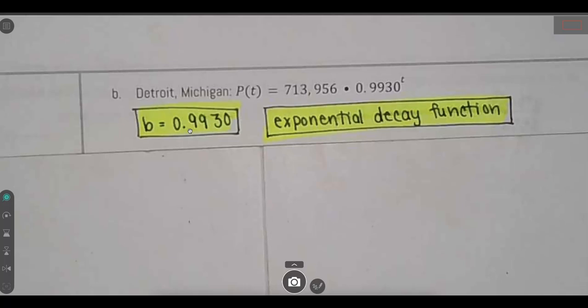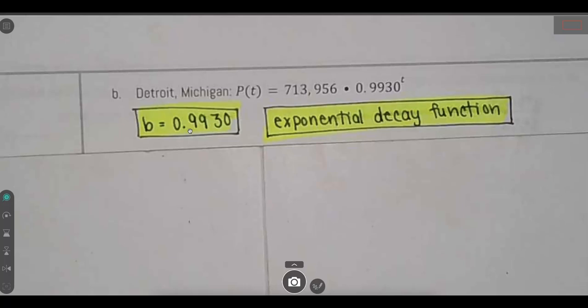I think you moved the decimal one too many places over. Yep, you're good. You guys are awesome.